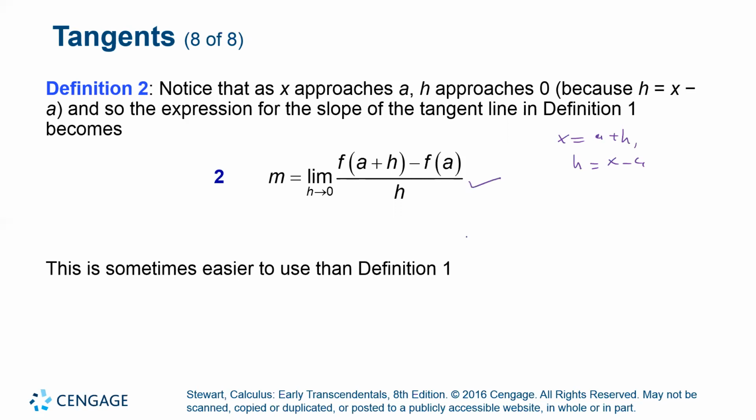In fact, among these two, this is the easiest form to use. I'll be looking at an example where I use both definitions, and after that I'll mostly stick to the second definition.